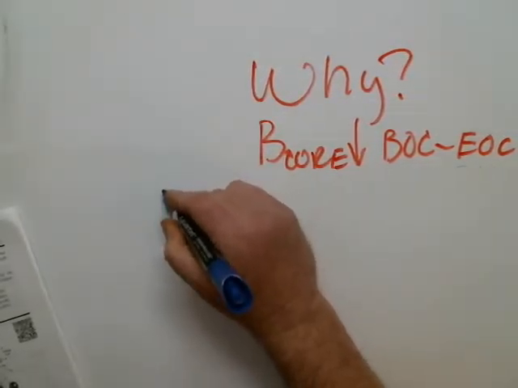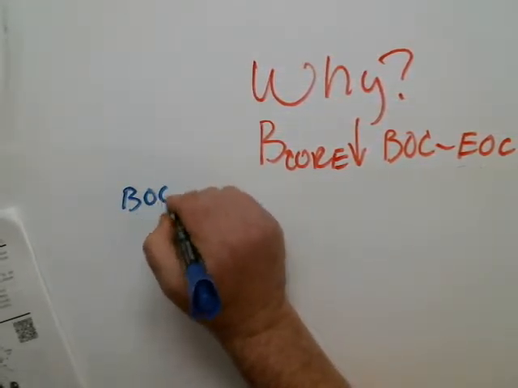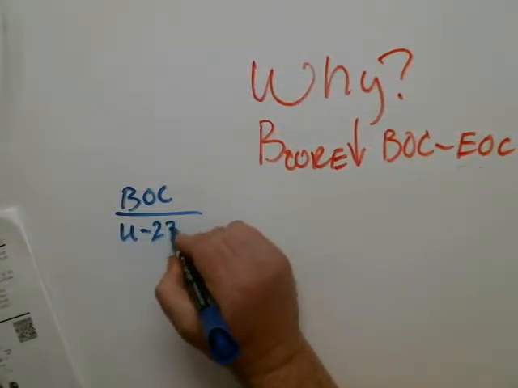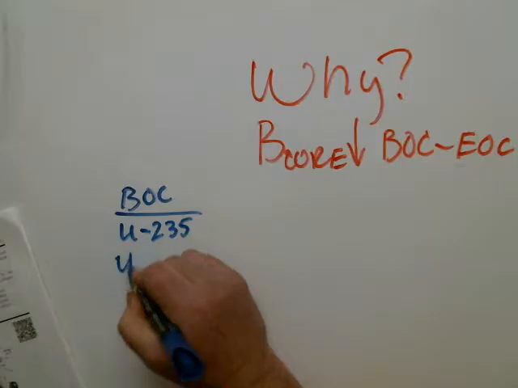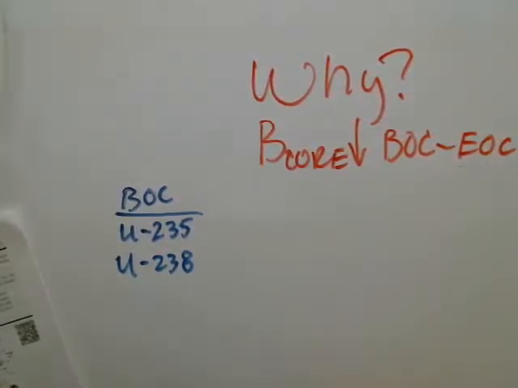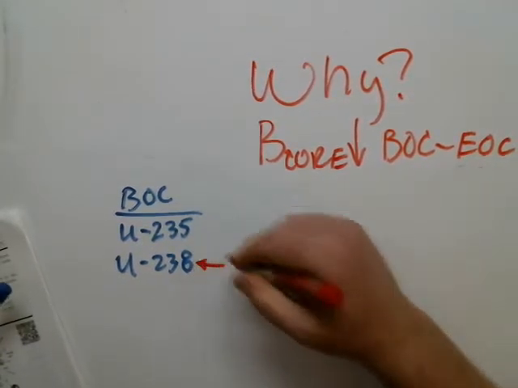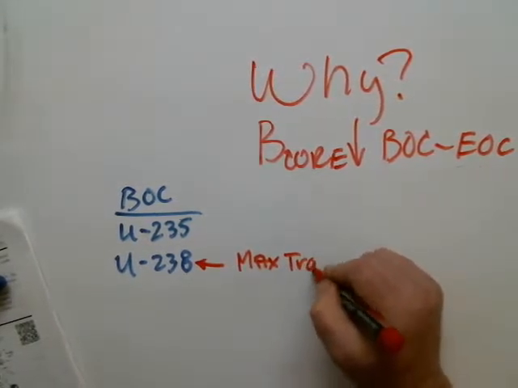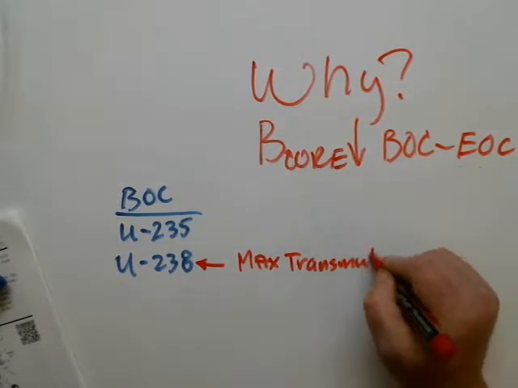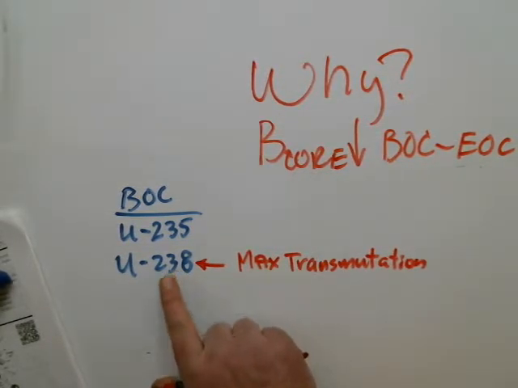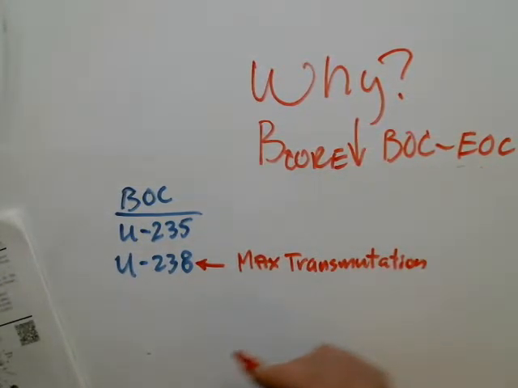BOC, what did the core consist of? It consists of what I put in it. So I put uranium-235 and I put uranium-238. However, at the end of core life, since we were trying to maximize transmutation, if you recall, that was turning uranium-238 into plutonium-239.